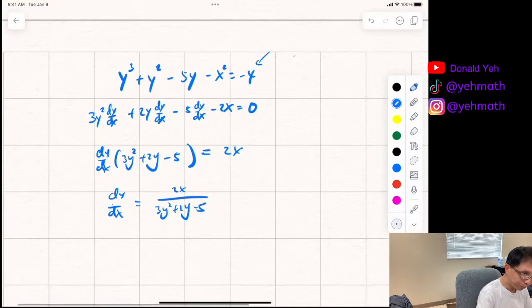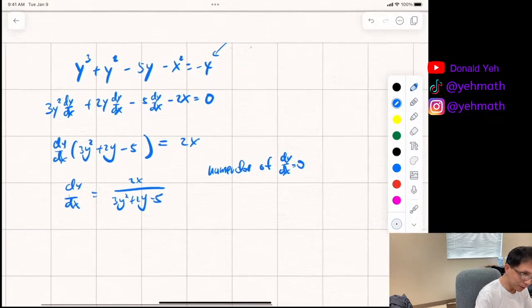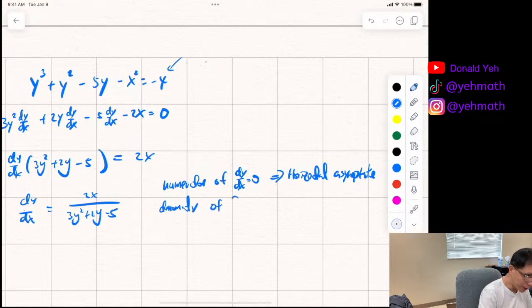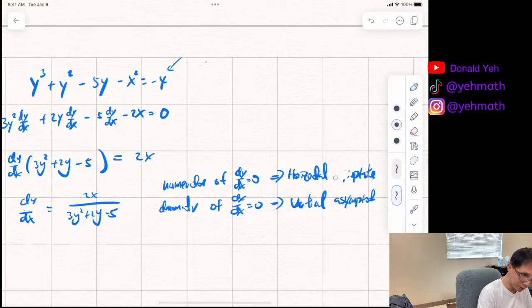So remember, the numerator of dy dx equal to 0 gives the horizontal tangent, and the denominator of dy dx equal to 0 gives the vertical tangent. Sorry, I said asymptote, it's tangent.